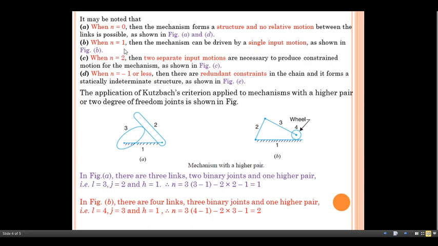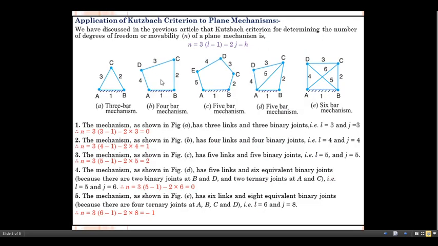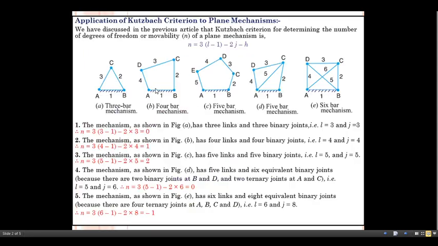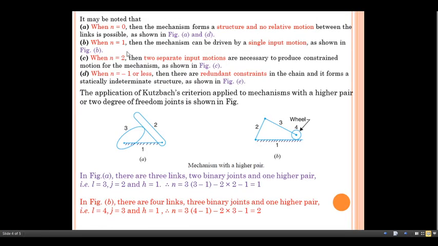Now, when n equals 1, the mechanism can be driven by a single input motion, as shown in figure B. If I give the input motion for this one, that is sufficient. This carries only a single degree of freedom, or mobility equal to 1.